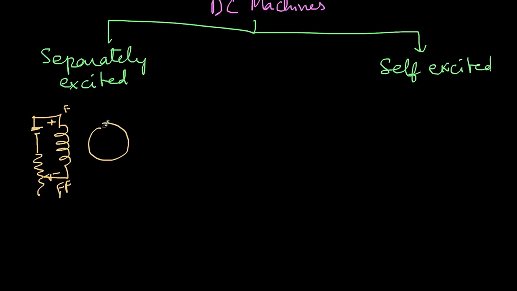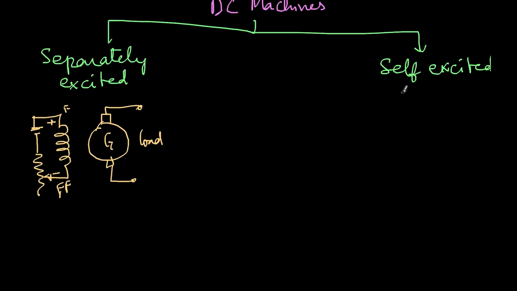And then there is an armature winding denoted by this circle and brushes. So this is a generator and then this load is connected here. So this is separately excited. The voltage of the field can be different than the voltage of the load. When I say load, it is the electrical load because generator will have electrical output.